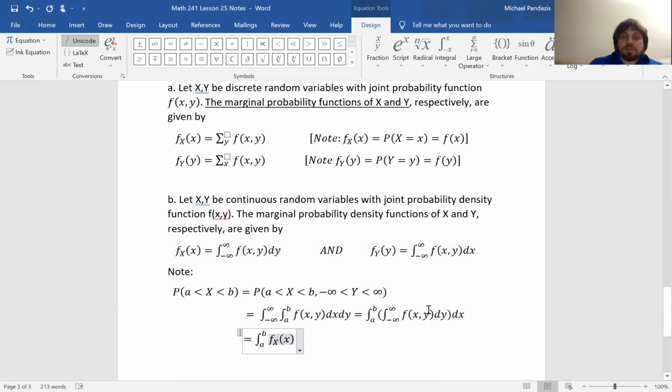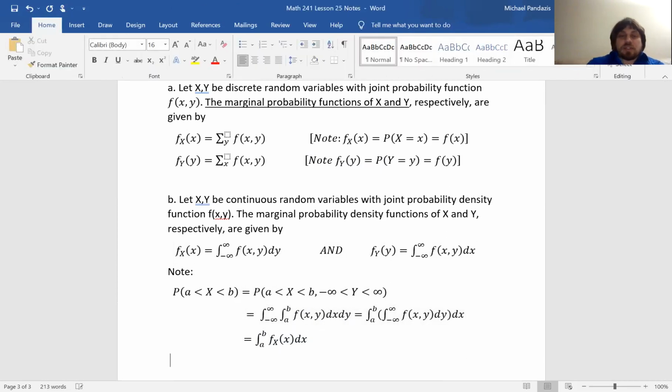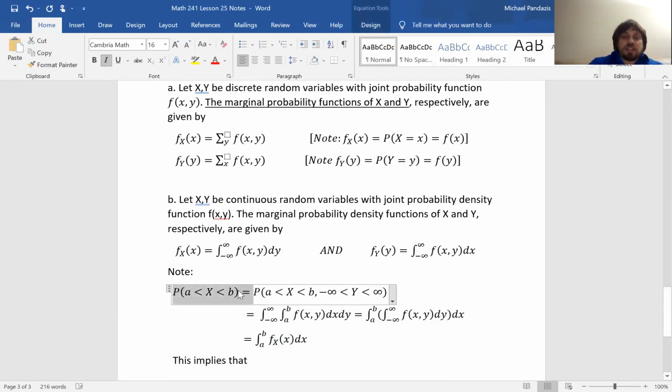See that? In the parentheses of this. So that's dx. That dx. Okay. And so what this implies is that the probability of a less than X less than b is equal to this integral.